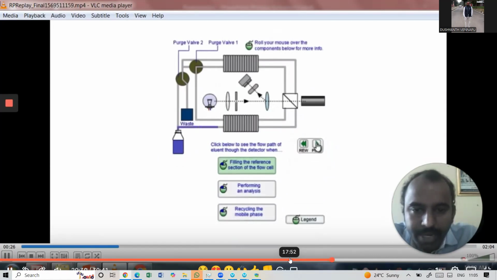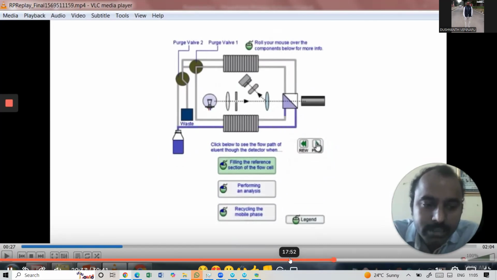Now the next detector is your refractive index detector. These detectors are termed universal detectors. What does it mean? The refractive index of the system changes when the mobile phase continuously flows into the system and the analyte comes to the detector.